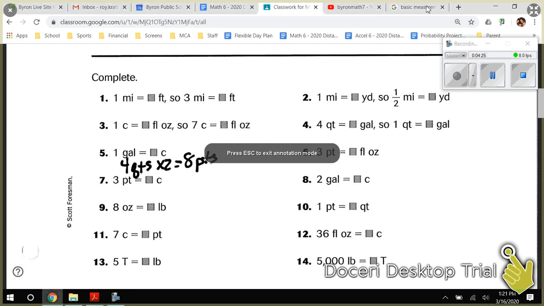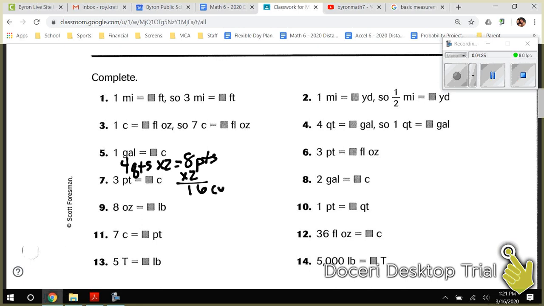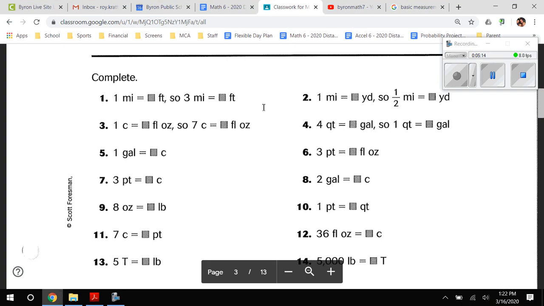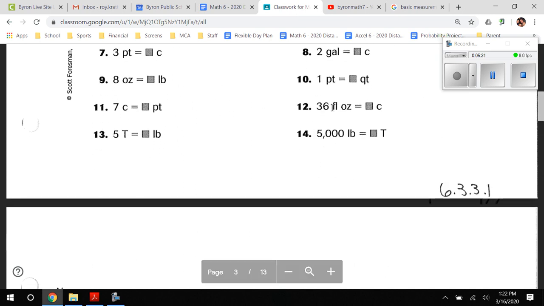But then in each pint, there's 2 cups. We're going to multiply by 2 again. All right, and that equals 16 cups. So that's your answer. How many cups are in a gallon? It's 16 cups are in a gallon. So again, don't be afraid to Google some information, get some help, and then look through how to convert these things back and forth. All right, so that's page 2.